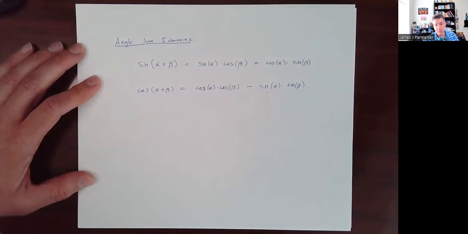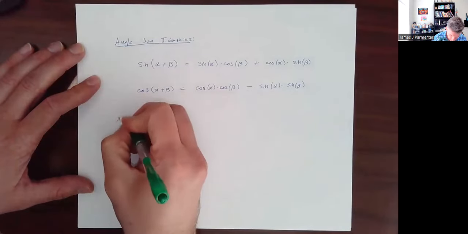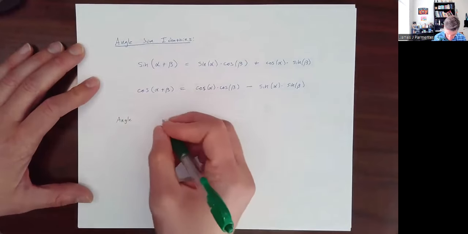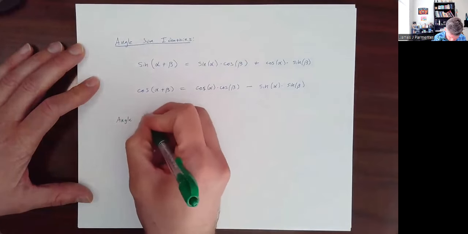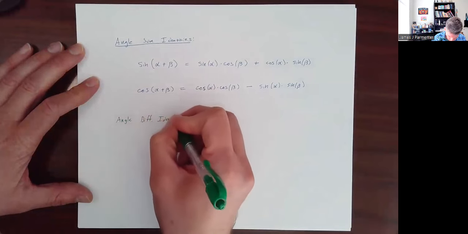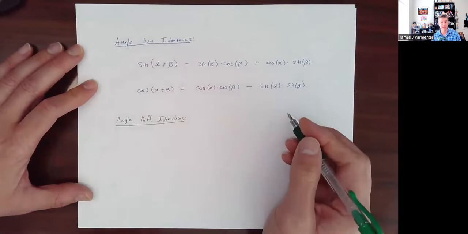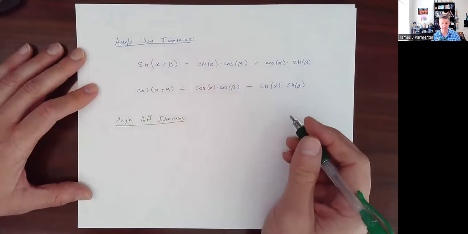The angle difference identities, which again we're really going to condense into two formulas, look like this. They're almost the same as these. We're really just going to change the plus or minus signs.